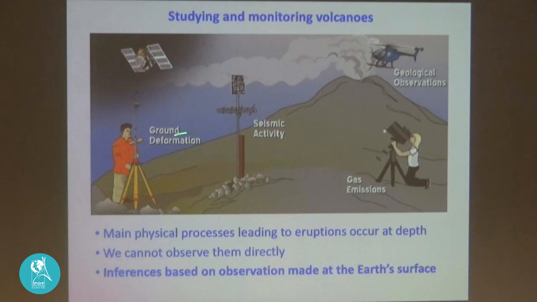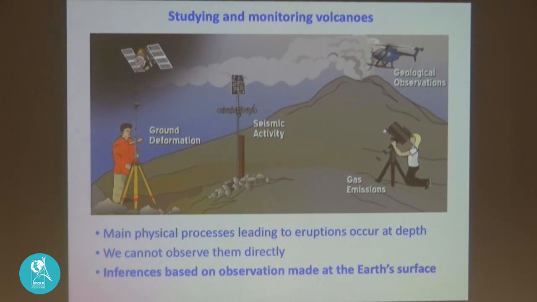But if we want to monitor a volcano, we need to get some knowledge about the processes that occur today, and geology gives us knowledge about what happened in the past. This is why we need different types of instrumental observations, like visual observation, measuring gas emissions, and today also satellite observations, which are very widely used, and then geodetic and seismic observations.